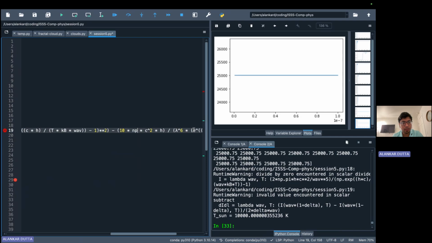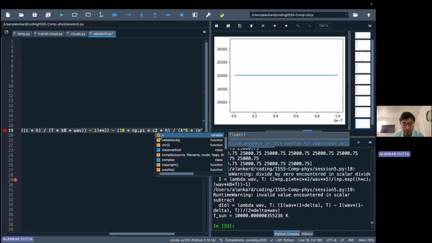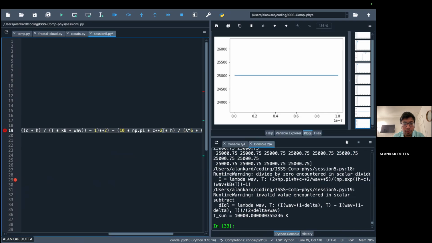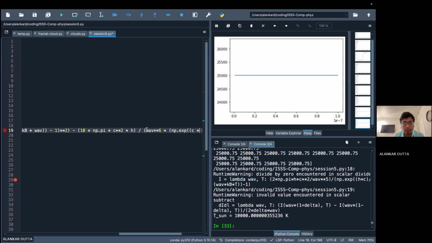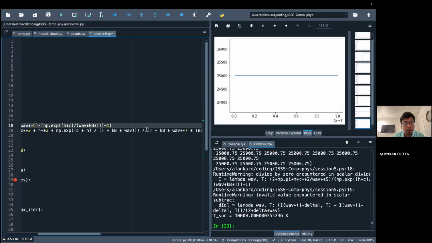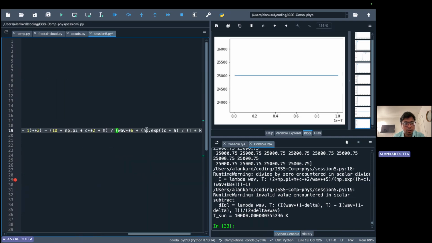This is again np.pi. This is c squared. Wav star star. This is np.exp kb, and then this is again wav, minus 1.